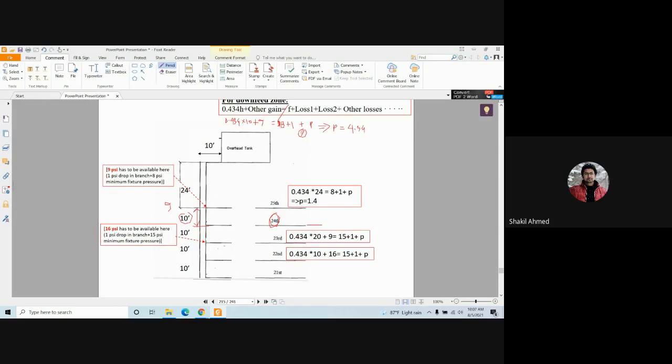And this is 10 feet length, so you will increase it by 50%, so 1.5. For this length, your pressure drop is 4.34 psi.